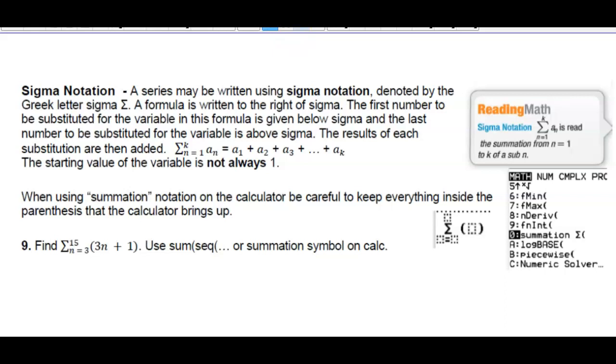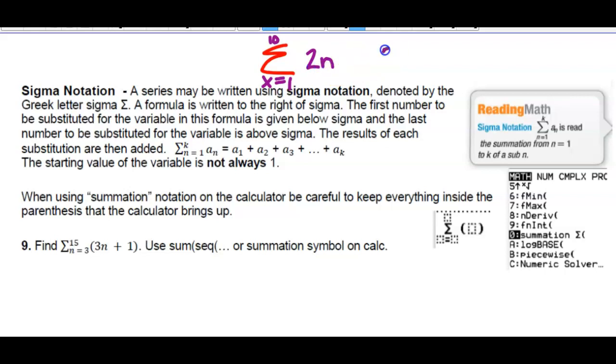This is a Greek letter sigma, and we put down at the bottom what the variable is and what the starting term is, and at the top you put how many terms you're going to add up. So if I wrote this, it says I'm going to put in the numbers 1 through 10 and add them all up after I put them into this formula.